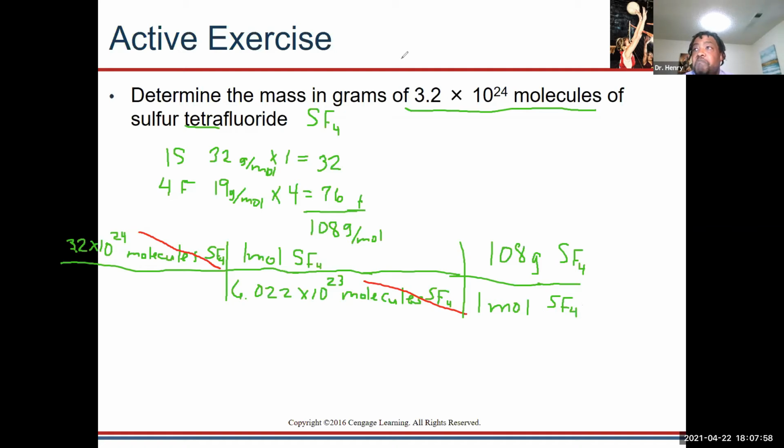Then moles are going to cancel out and we're left with grams. That's what we want, right? Yes.